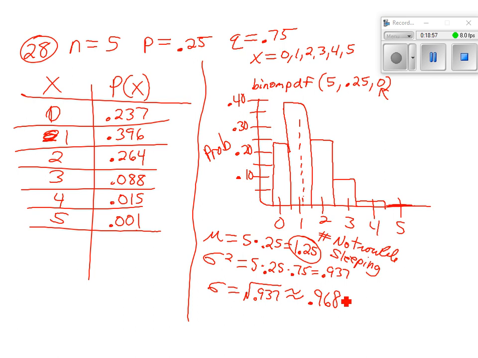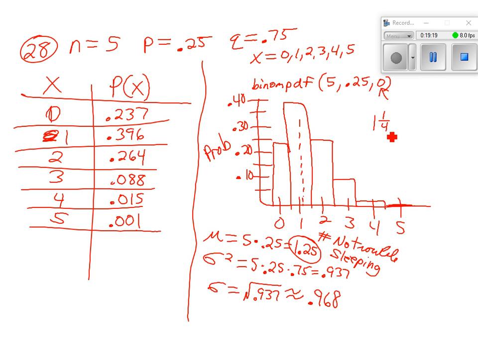Now, some other things that they ask us, and you got to listen to closely because we haven't dealt a whole lot with it. We talked about it some in other chapters, but we're going to start doing it more and more. You got to be able to explain this. We know that our mean is about 1.25, so about 1 1/4.